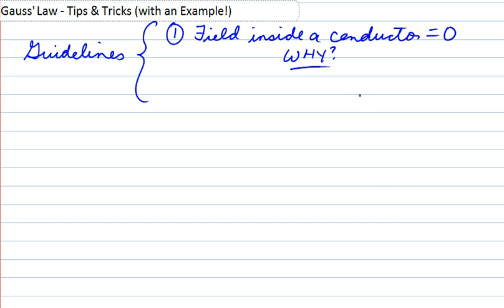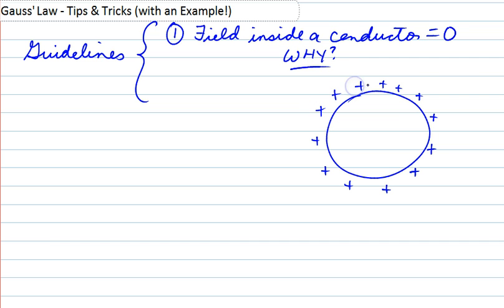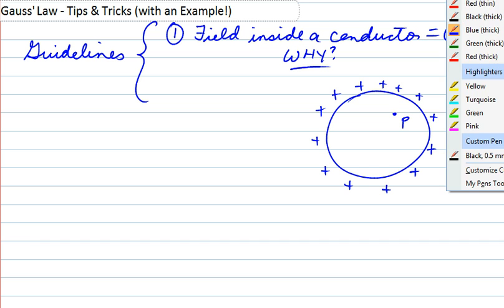So if you think of a spherical metal object, so it's a conductor, and let's say we put positive charges on the outside, and you want to look at the electric field at some point P inside, well, basically what's going to happen is that in order to have a non-zero field at point P, the field lines are going to cross, and that's a big no-no.